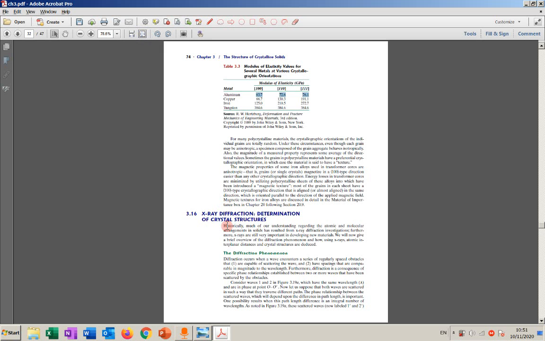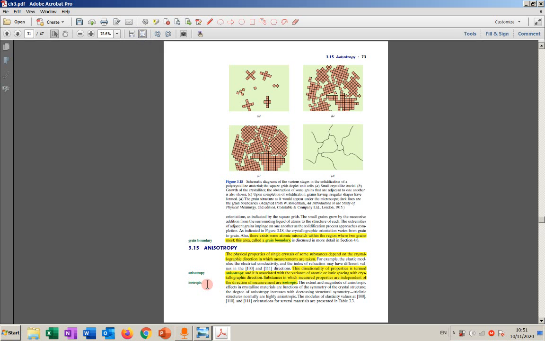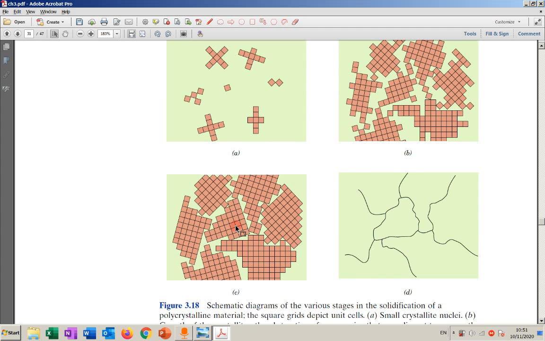We said that in engineering we will assume that they are isotropic. Why? Because we know that they come mainly in polycrystalline shape, which helps us assume that the material behaves similarly in all directions.